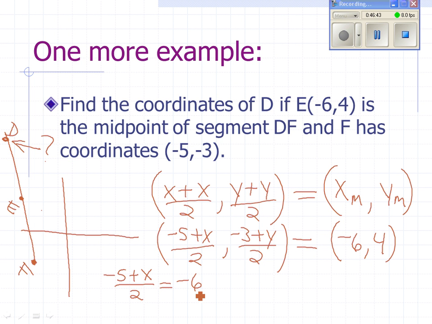And you're right, you can cross multiply, and I'm going to show you that here in a second. How would I find the y? What's the equation I can set up to find the y? What should this whole thing right here equal? Should equal 4. So if we solve those two equations, then we can find our x and y of this point D up here.